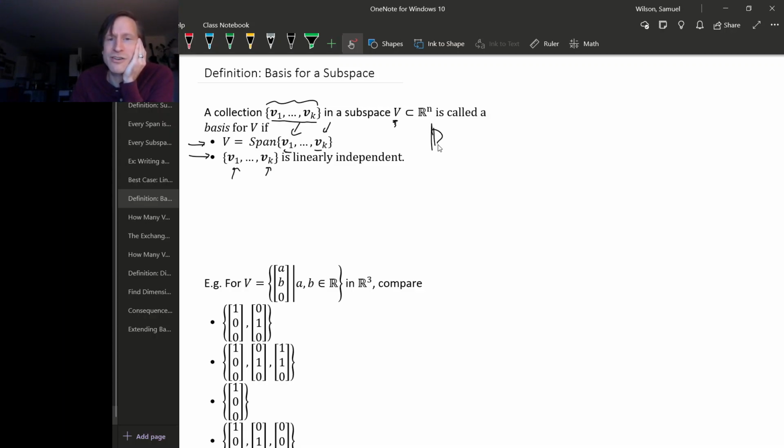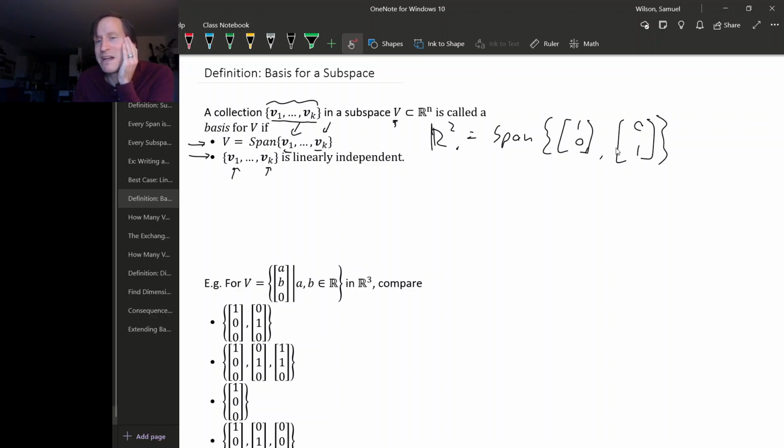So let's take R2 for an example. All of R2 is the span of (1, 0) and (0, 1). These are clearly linearly independent, right? When you have two vectors in a set, they're linearly independent if they aren't scalar multiples of each other, and these two are definitely not scalar multiples of each other.